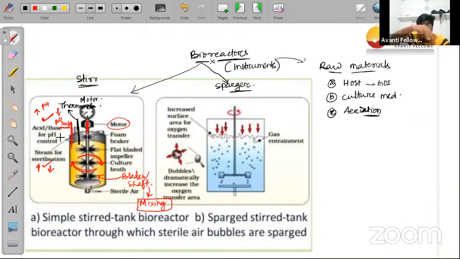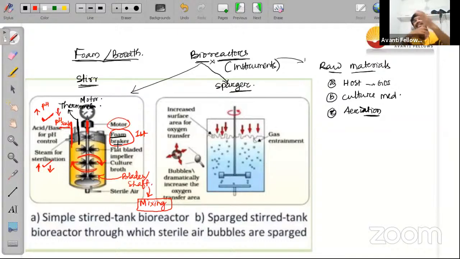Whenever the mixing is happening, it will form some foam on the top side, foam and broth. This foam or broth is broken down by the first shaft. The first shaft is also called the foam breaker. ये first shaft इस foam को break करेगा, ठीक है.